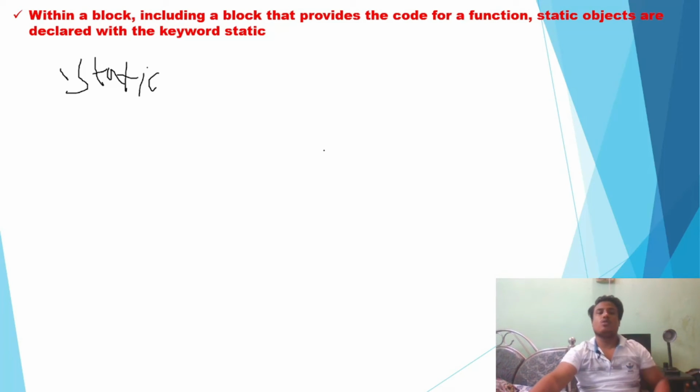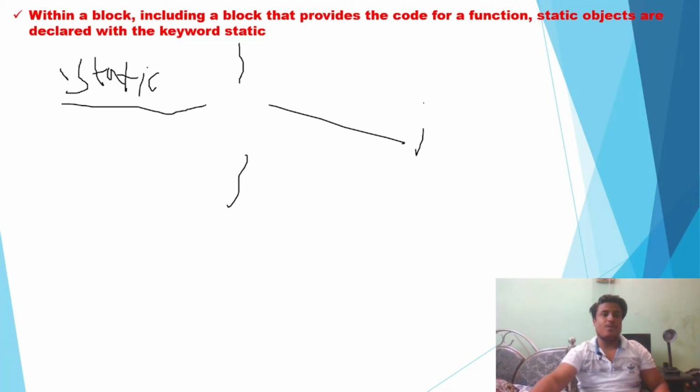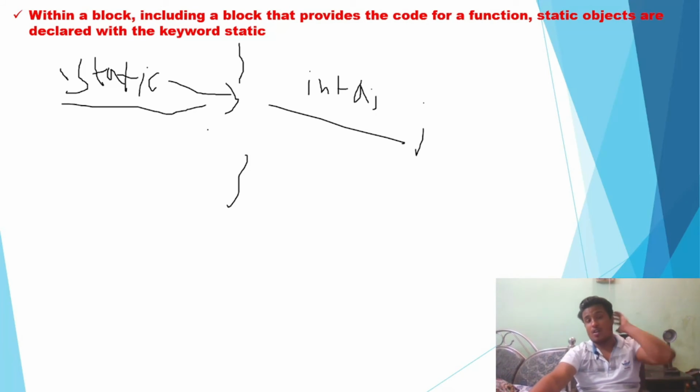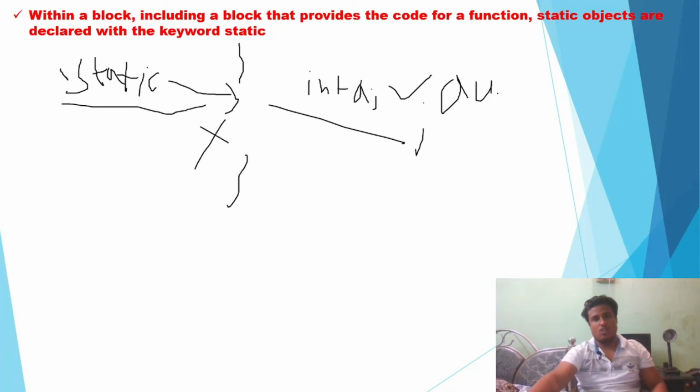So if you want to declare a variable within a block, say int a, and make it a static one, you have to explicitly use the keyword static here. Otherwise, if you don't use it, preference will go to the local or automatic variable. Preference will always go to the automatic variable. Hope this point is clear to you.